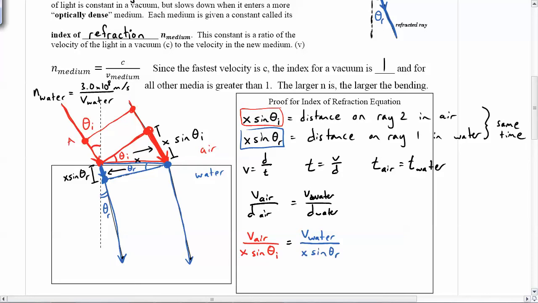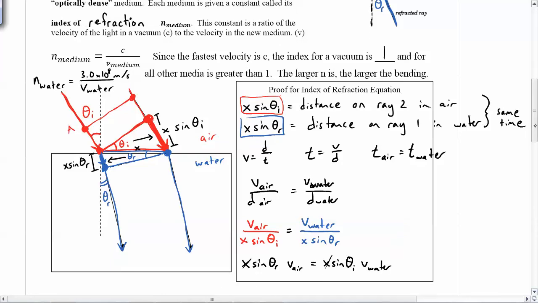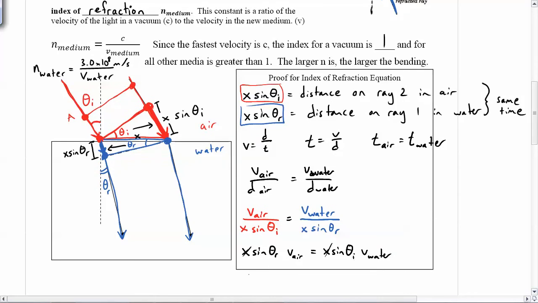And now if I just do some fancy cross multiplying, I get x sine theta R times the velocity in the air is x sine theta I times the velocity in the water. Since x is the same, I can cancel those out. So sine of the refracted angle times the velocity in the incident medium is sine of the incoming angle times the velocity in the refracted medium.